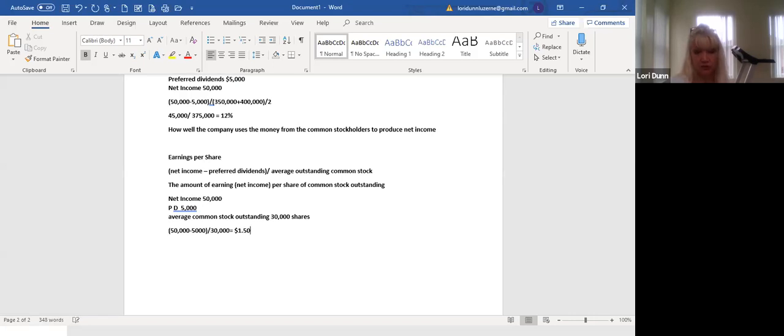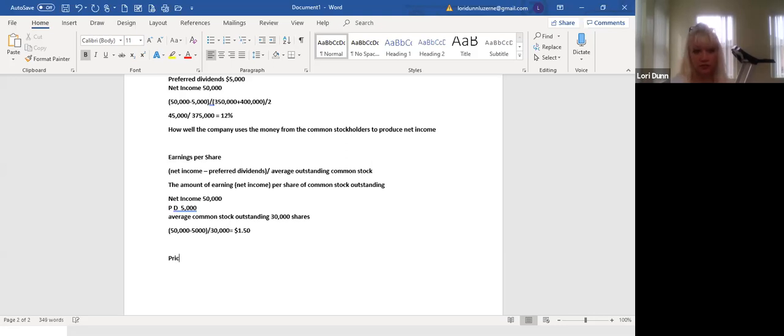So the amount of profits or earnings for one share of common stock that is outstanding that could receive a dividend is $1.50. Compare that to last year, compare that to others in your industry, your market. Like I said, you won't have to calculate this for your project. It'll be given for your competitor, but you want to look and analyze and see how well your company is doing compared to the other company you pick.